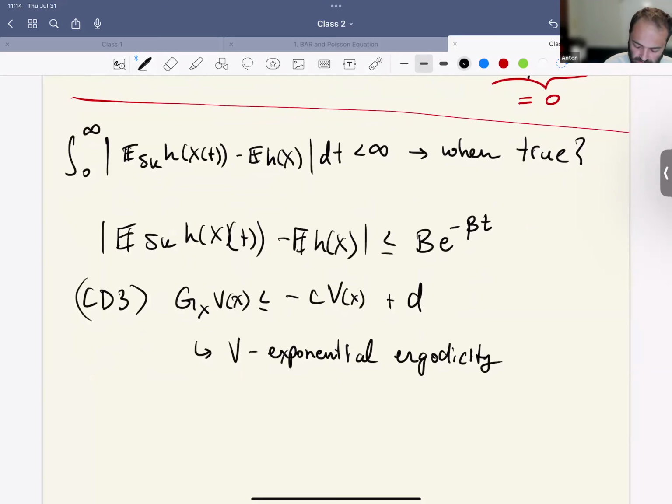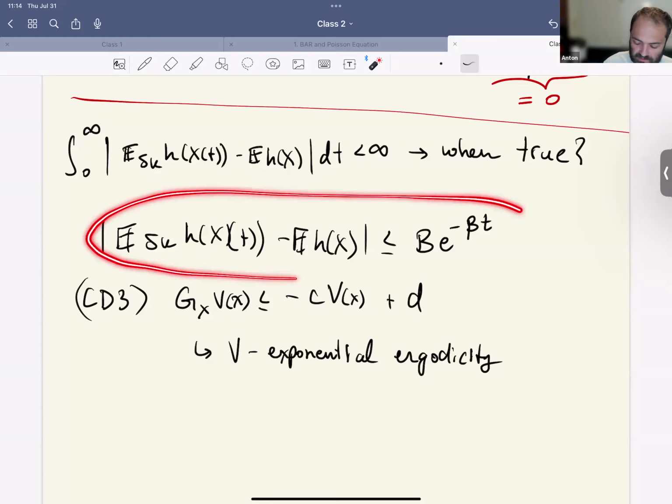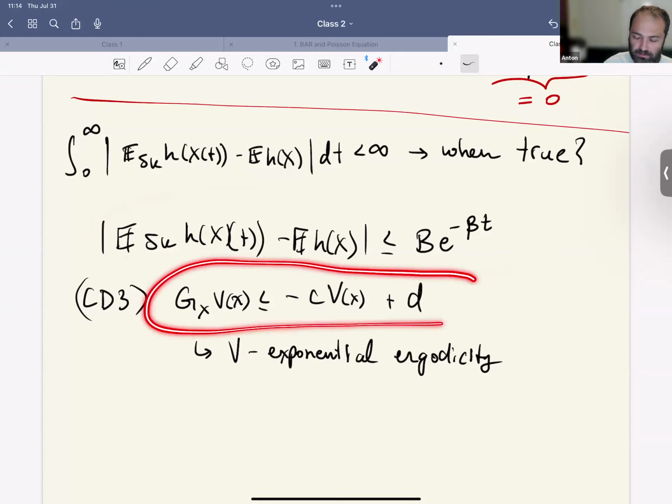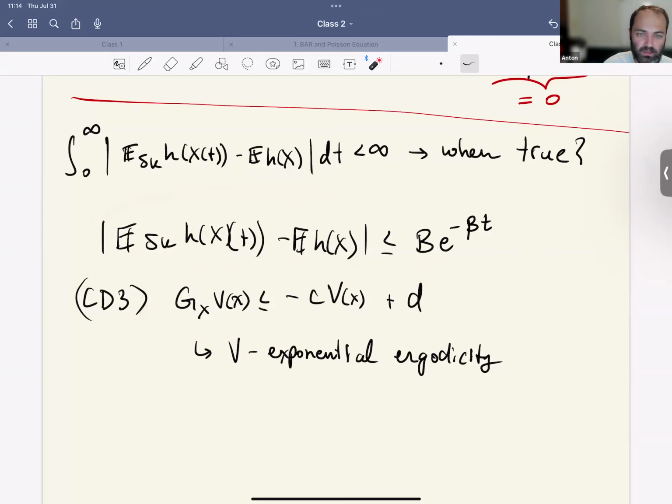I'm not going to go into the super details. What I want you to remember is that we can show this exponential ergodicity by finding a Lyapunov function. If you want the details, you can go to the Meyn and Tweedie paper.